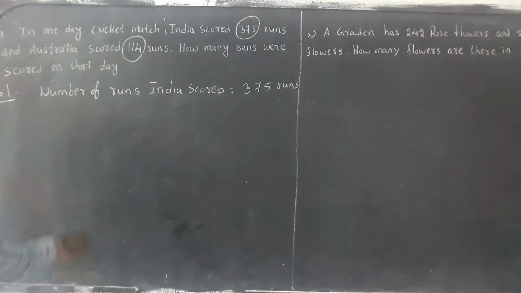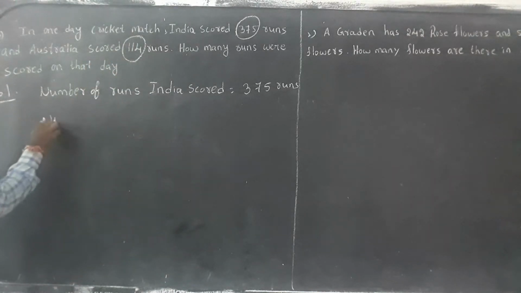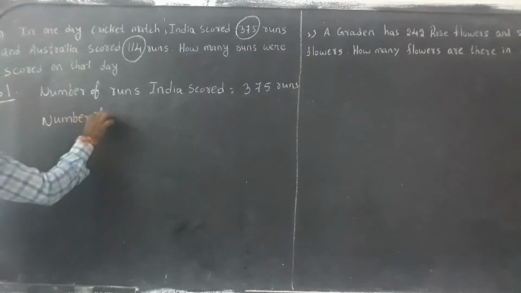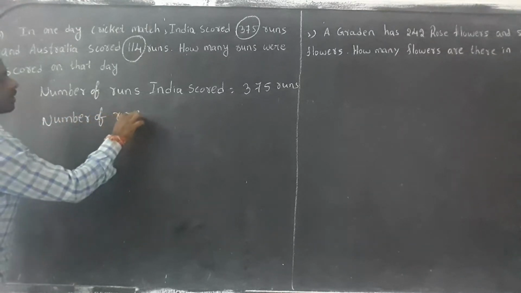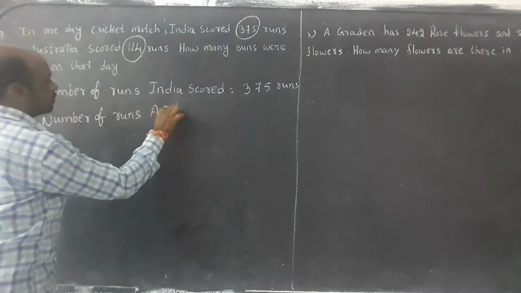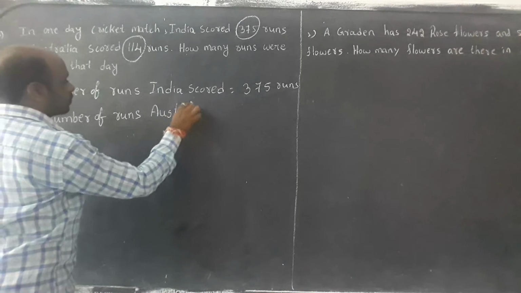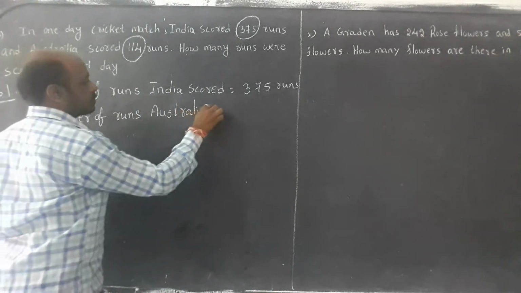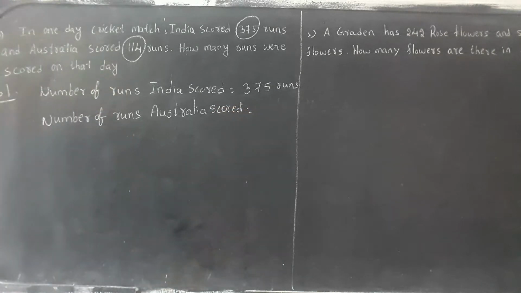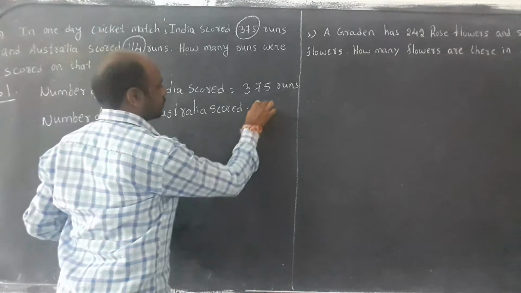Now the second statement is number of runs Australia scored. How much is Australia? 114 runs.